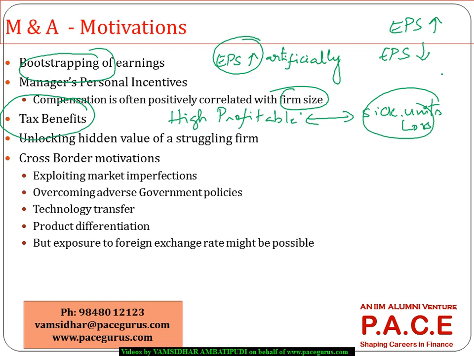So this kind of strategy, where you can merge with or take over a loss making unit to create a tax benefit on the overall picture, also unlocks the hidden value of a struggling firm. A firm might have done really well in the past. It has some real good assets, but in the last few years it did not perform well, either because of no proper direction from the management, or because it's not able to face the competition effectively, but it still has a lot of useful resources.